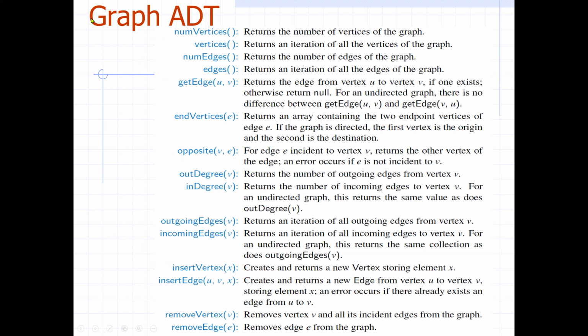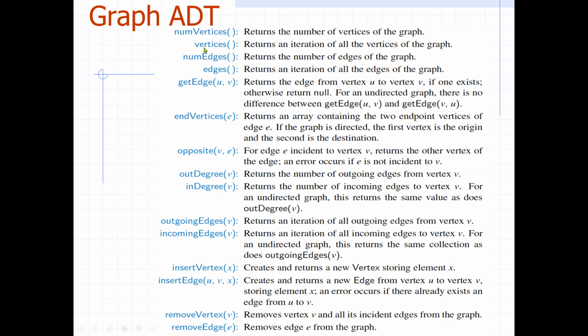Now, next we shall go through the graph ADT. Again, when we do the coding, we will implement all this. So for example, in the graph data structure, these are the possible operations or methods that we can perform on the graph. The first one is the num-vertices method, which will return the number of vertices of a graph.